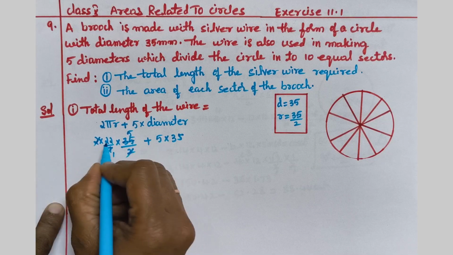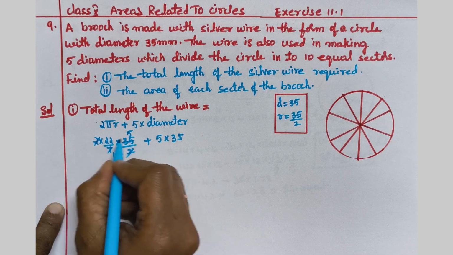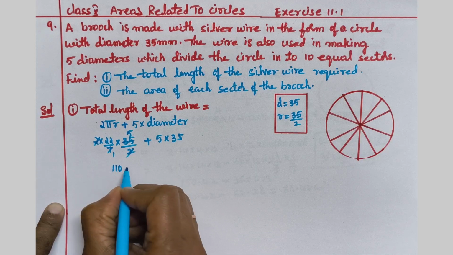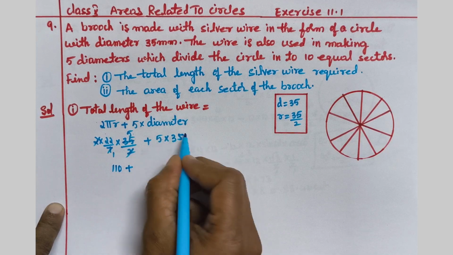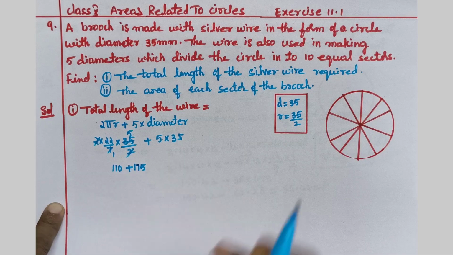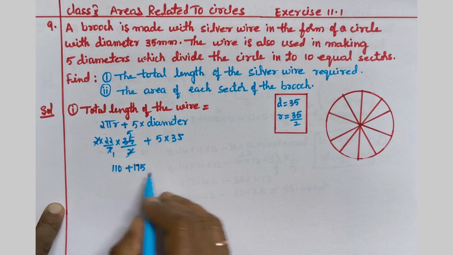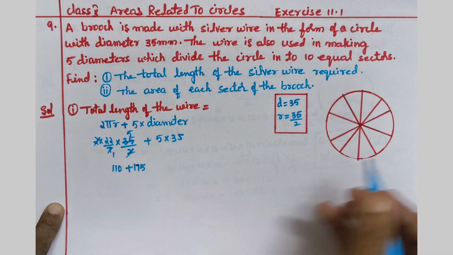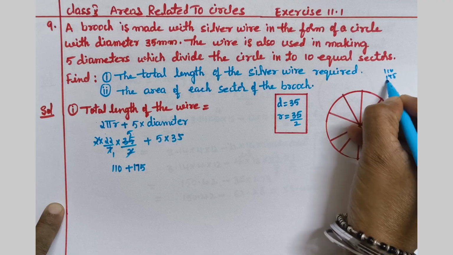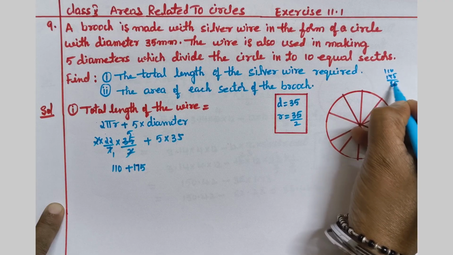Next 2 cancel. 22 into 5. So 5 2 is 10 plus 1 11. 110 plus 35 into 5. 5 5 is 25. 5 3 is 15 plus 2 17. 110 plus 175. So 5 8 285.